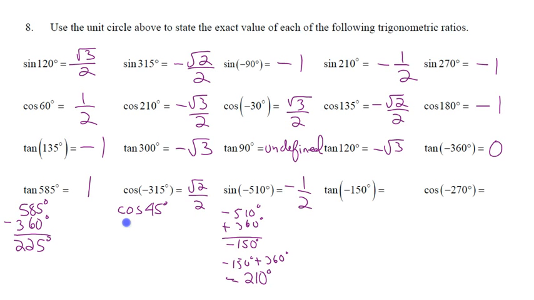What's the tan of negative 150? We were just there, right? Negative 150 is really 210. Okay, so what is it?